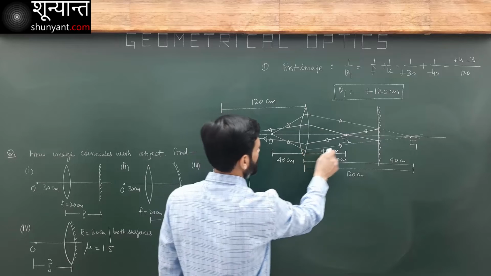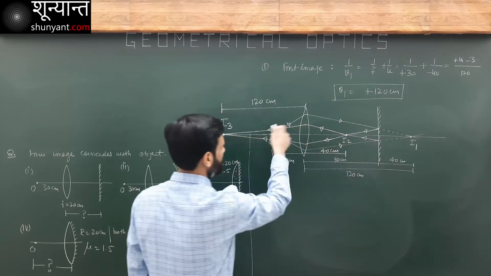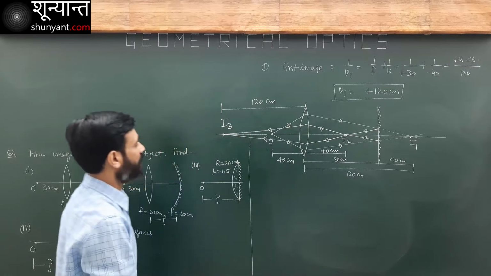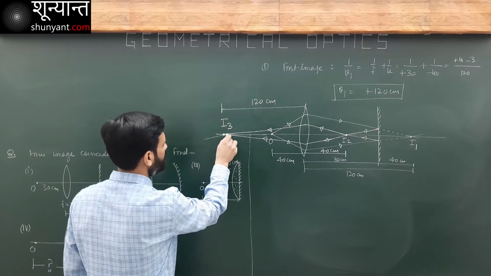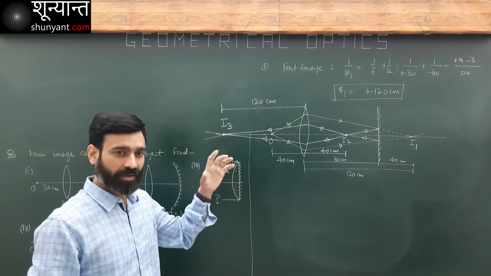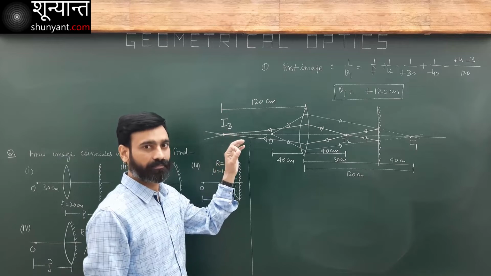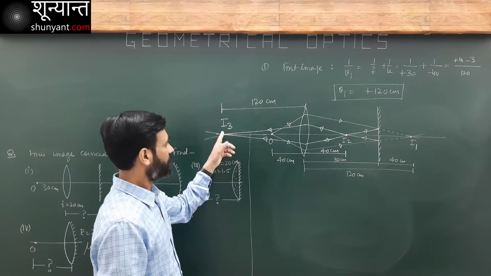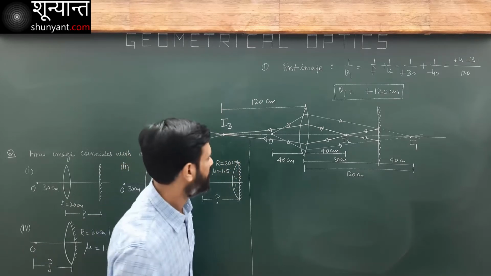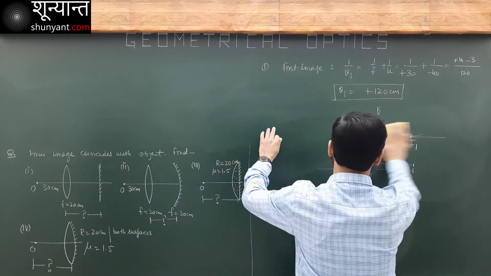This light gets reflected here, goes to the lens again, then finally it reaches here. After this point, there is no further reflection or refraction. Okay, that's it. I will get the final image here. Okay, next problem. Do it carefully.